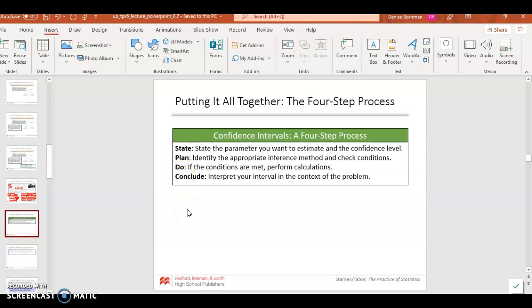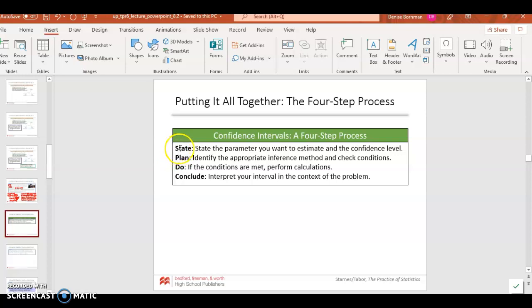And this is for many FRQs, definitely for confidence interval FRQs, but it'll be other FRQs that if you see a question and they take up a little bit of space and you see a giant blank area, most likely we're going to want to do one of these 4-step process questions. So we're going to do it here for confidence intervals.